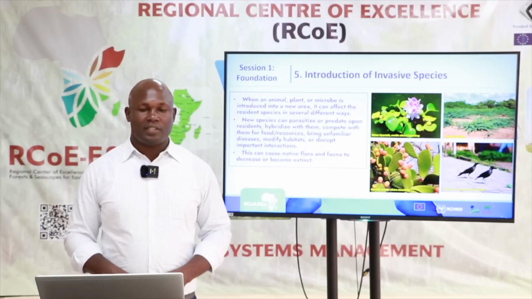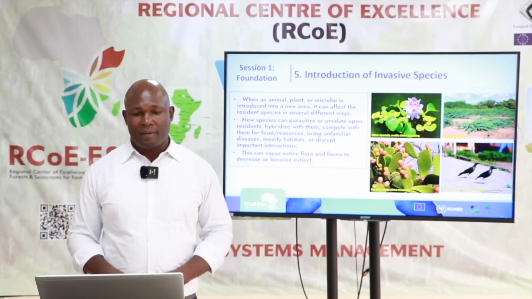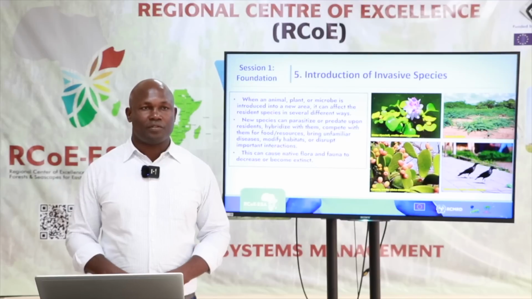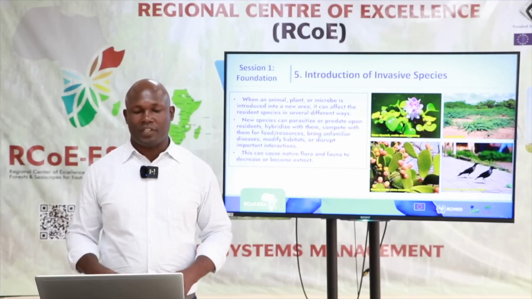Invasive species are plants, animals, or microbes that we introduce into new environments, and when they come in, they tend to colonize the existing habitats, bringing in new competition as well as feeding on the pre-existing species.